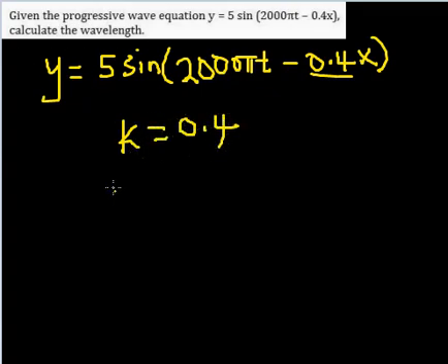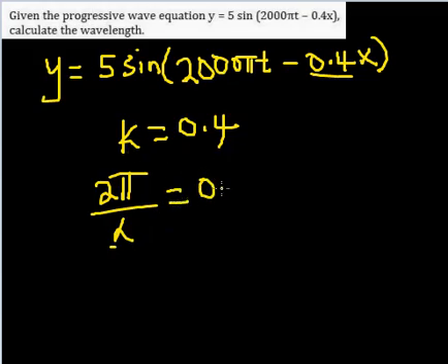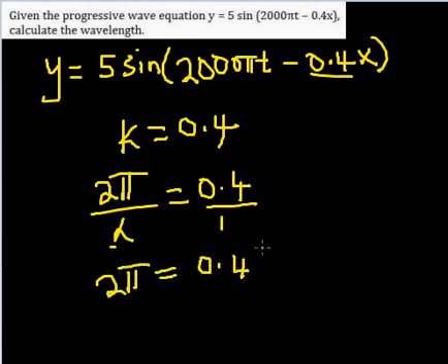Which we know that the wave number is 2 pi all over lambda. That's where we get the wavelength, right? Which is 0.4. Of course, cross multiplying, we have 2 pi equal to 0.4 lambda, right?